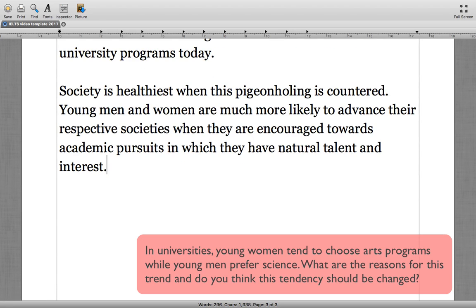Interest. Okay. And then if we can just think of one example that shows this in action.